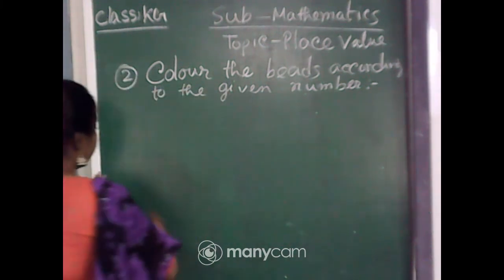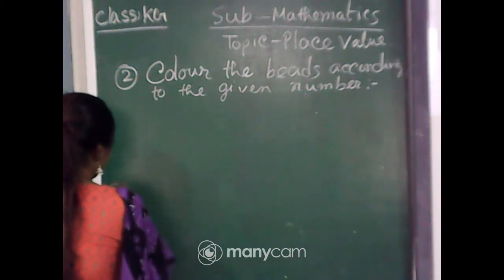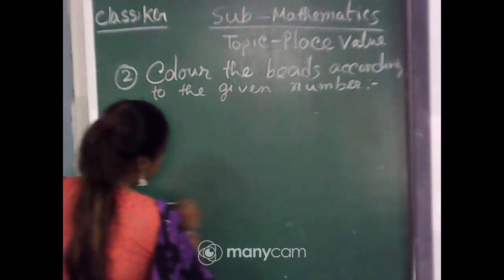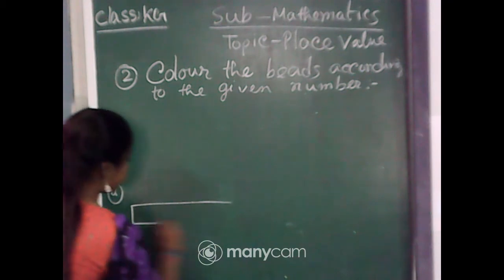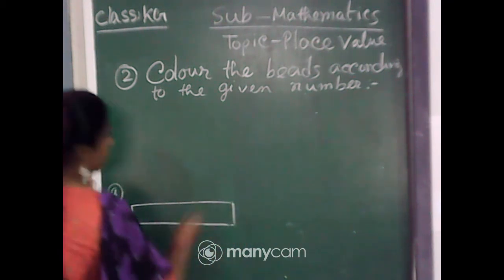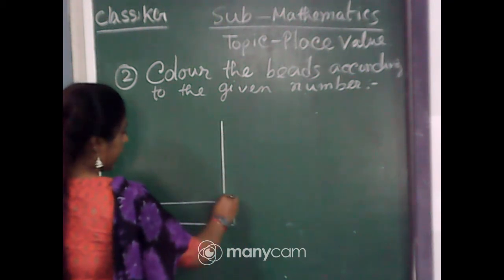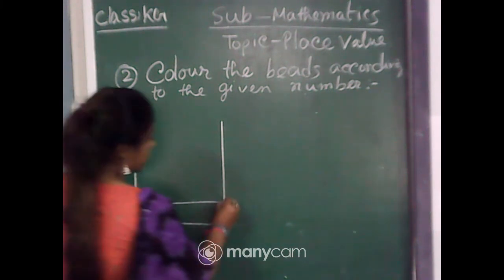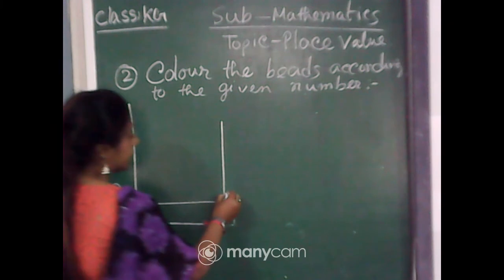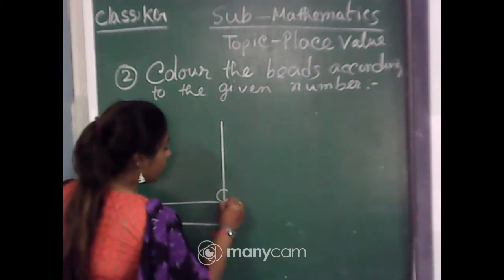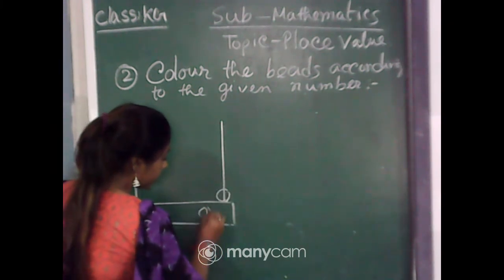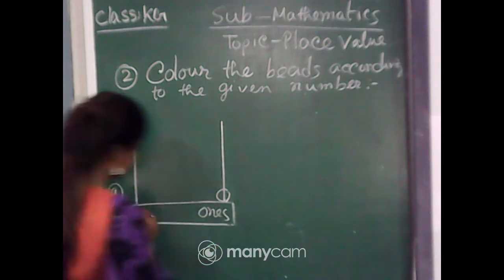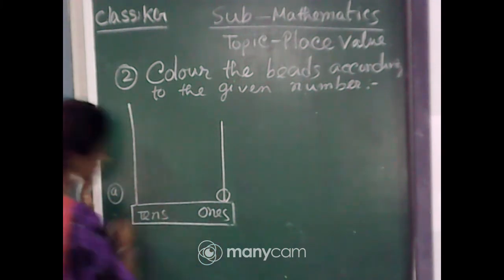Okay. First I am drawing this abacus and the beads. See properly that now I am drawing. First our work is ones and tens, write ones and tens. That is very important.